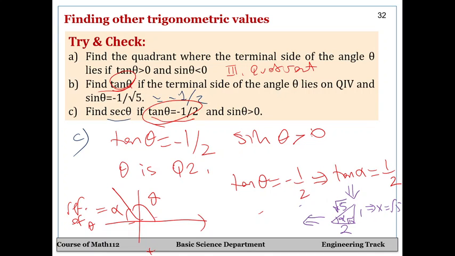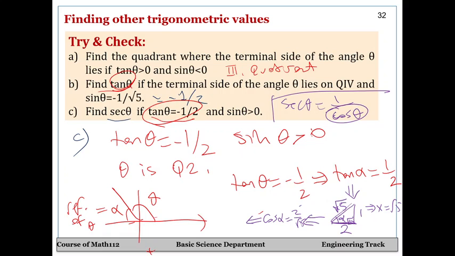Then what is wanted? Secant. Do we have a formula for secant? This is 1 over cosine theta, right? So now we need cosine theta, so we need cosine alpha. This is the adjacent side divided by the hypotenuse: 2 over square root 5.